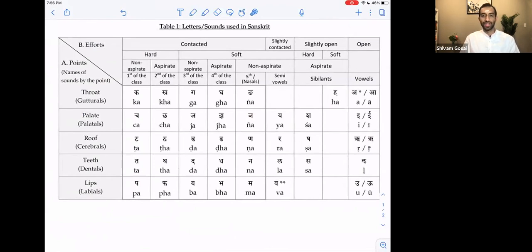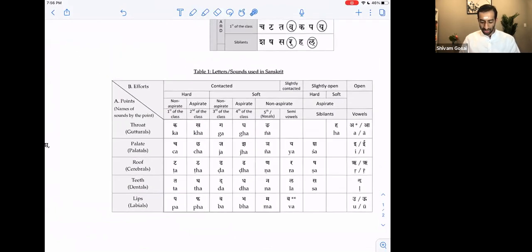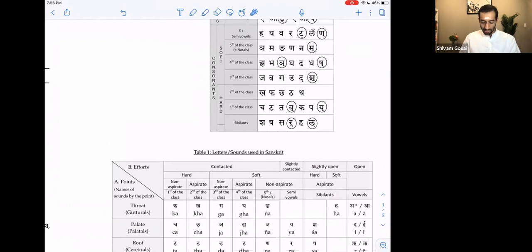This is also in your Sandhi book at the beginning of the book. So when we say jal, jal includes basically all of the consonants except for the nasals and semivowels and ha.